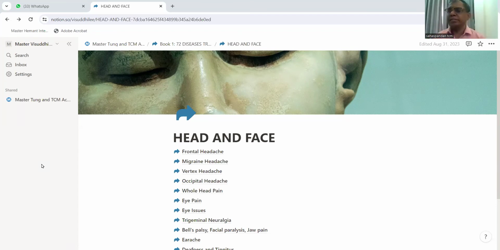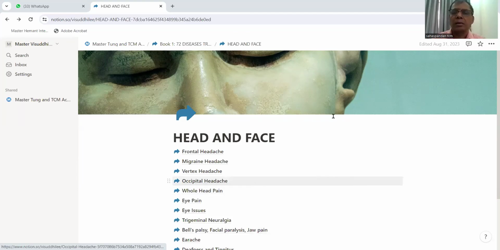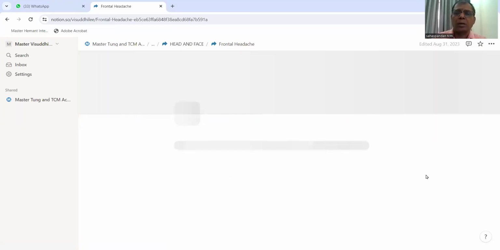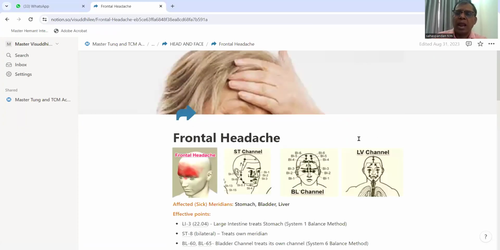Okay, so this is the other technique. How can we manage headache? If a patient comes and says, doctor, can you treat my headache, which is occurring on the frontal side, your answer will be yes.